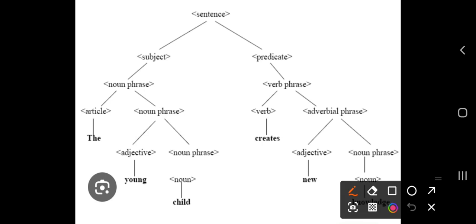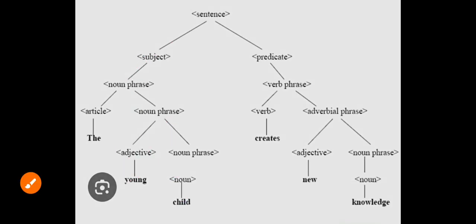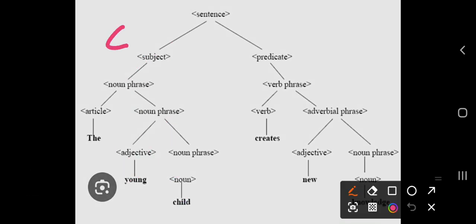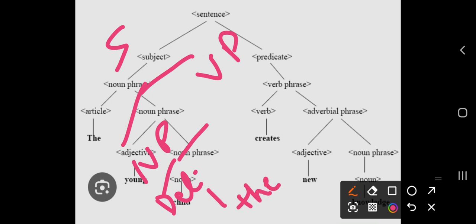So I am going to make it: that's a sentence, then noun phrase, and then verb phrase, right? Then in the noun phrase, the is an article, determiner. Then adjectival phrase.